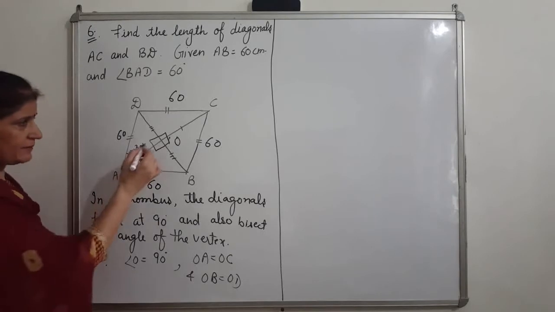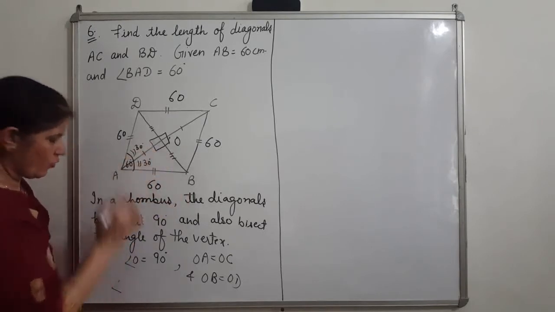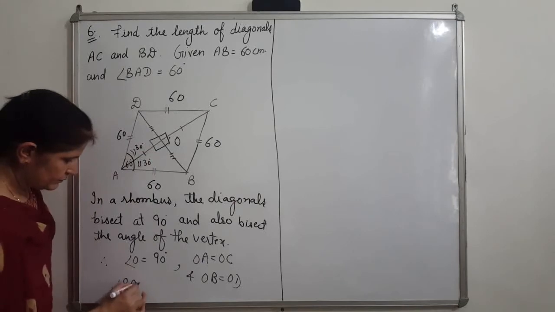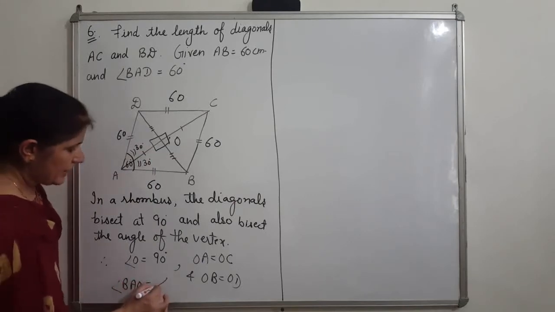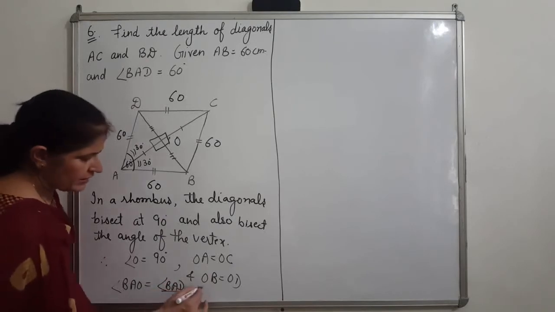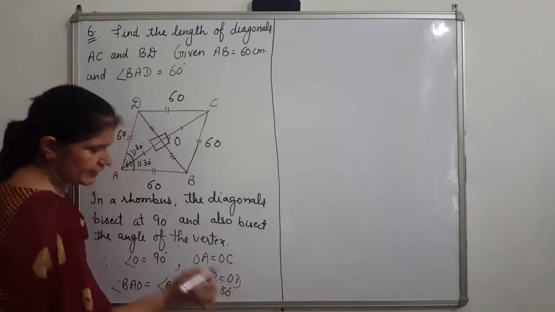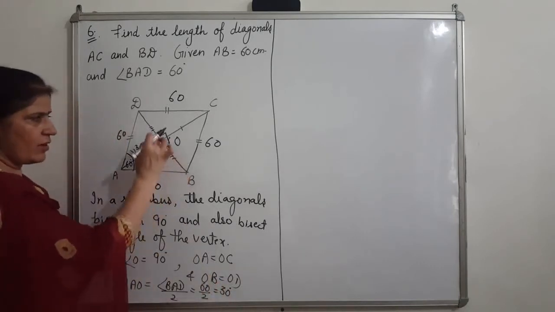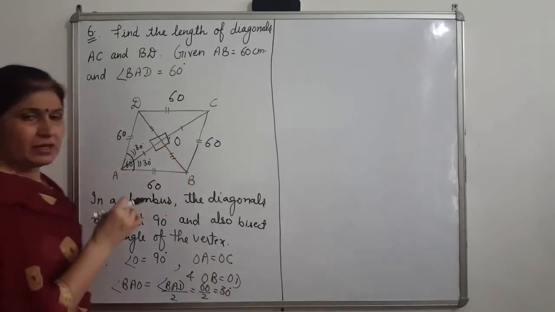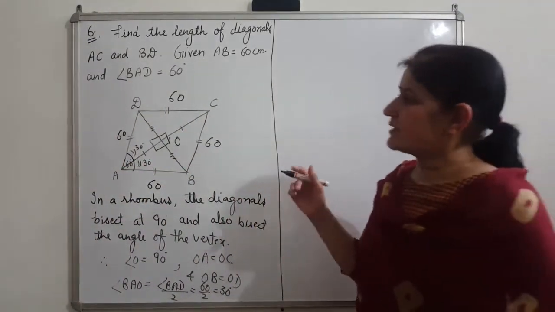The next thing, angle BAO will be equal to angle BAD over 2. That means 60 over 2, 30 degree. We'll take this triangle now and find out the length of sides, and then we find out its diagonals.